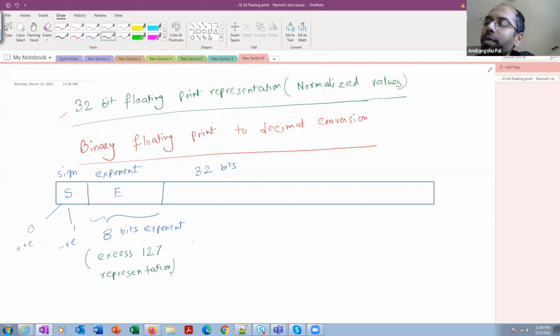Okay, I'm going to come into the details of what we mean by excess 127 representation and why we need excess 127 representation.